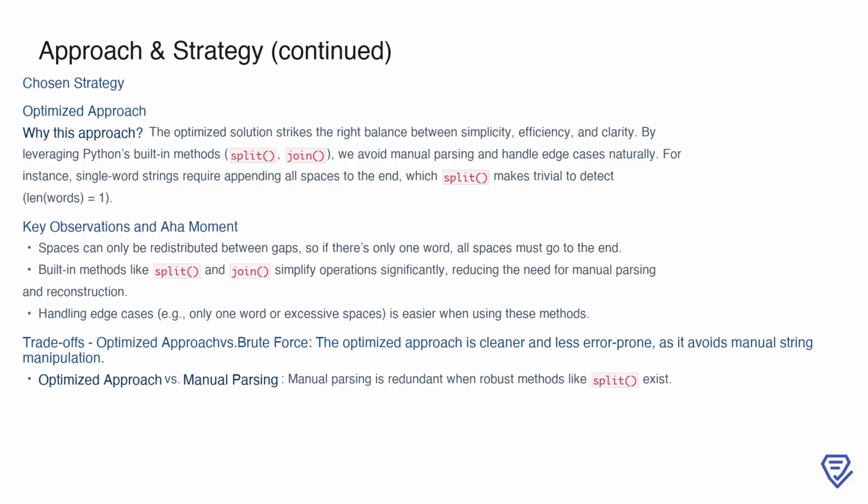Additionally, the optimized approach simplifies the redistribution process, reducing the need for manual string manipulation. Compared to brute force, it avoids redundant operations, and unlike manual parsing, it doesn't involve recreating basic string processing functionality. This makes the optimized approach not only cleaner but also more robust.